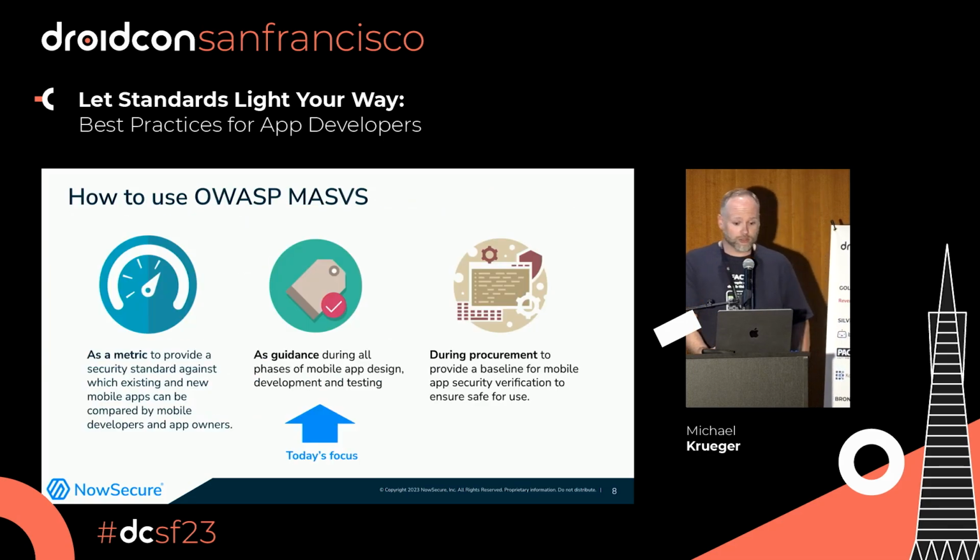So how does one use MASVS? Well, you can use it as a metric, sure. You can use it during procurement to provide a baseline for the mobile apps that you're looking to procure. But what we're here to talk about today is guidance during all phases of mobile app development and design. So that's the important part.